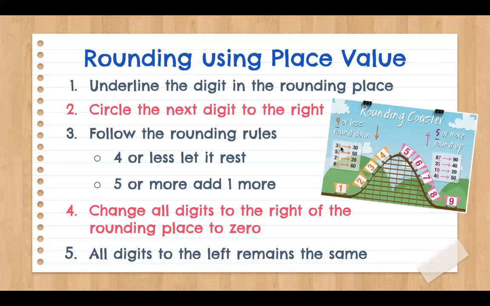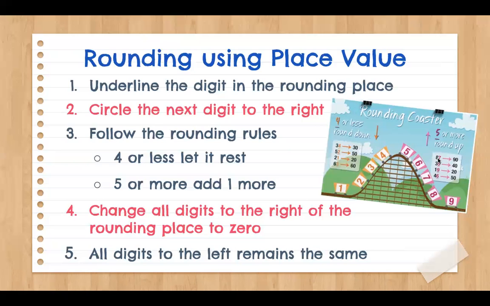So 34, since the 4 is 4 or less, the number on the left, we let it rest, which means we leave it alone, which becomes a 30. 52, the number on the right is 4 or less, which means that the 5, we let it rest, we leave it alone. So it rounds to 50. But if it's 5 or more, we round up.